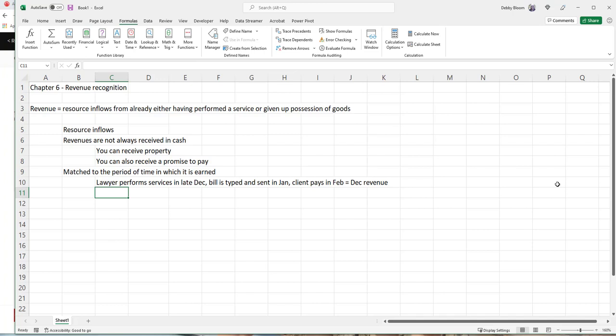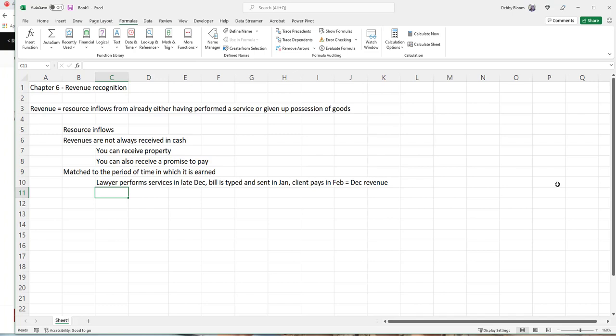So if you found that out later in January, you would have to do what is called a prior period adjustment and adjust your beginning balances for January as if you had recorded the revenue in the correct period of time. So you don't move it around. Revenues are always matched to the period of time in which they're earned. For services, that is when the services are performed. For inventory sales of goods, it's when it passes the FOB point, and we'll get to that when we go over inventory.